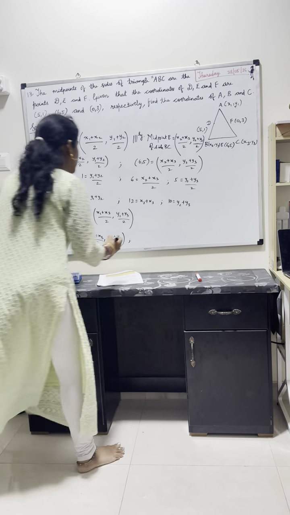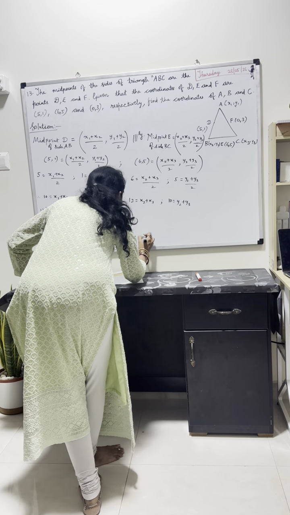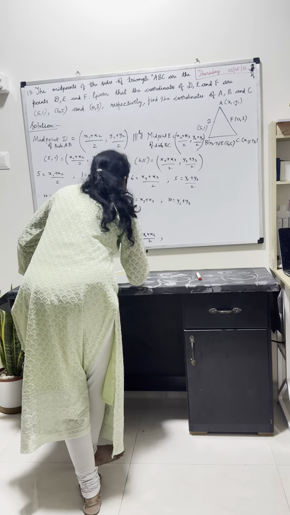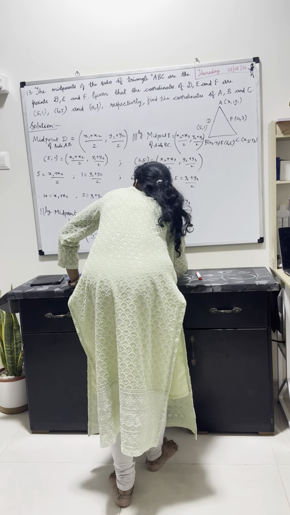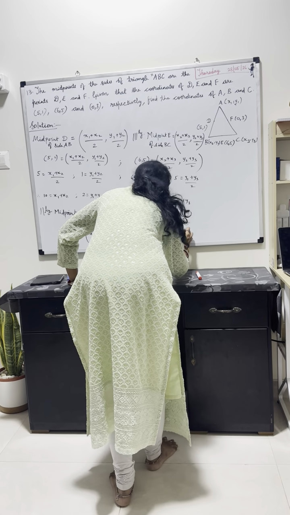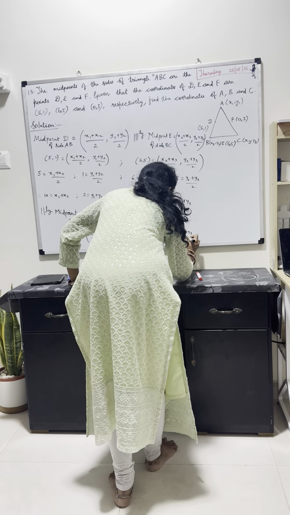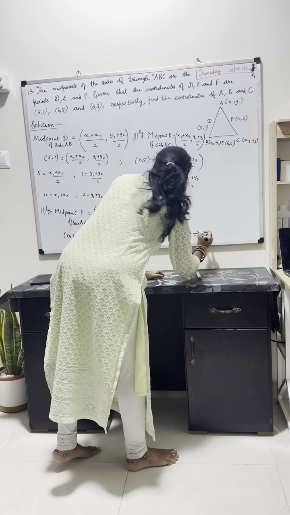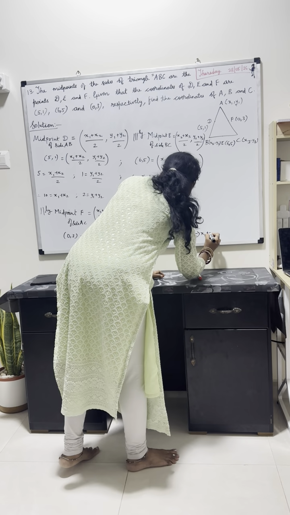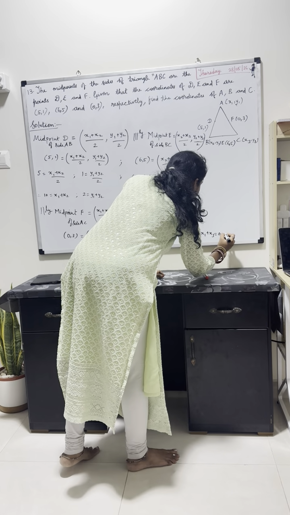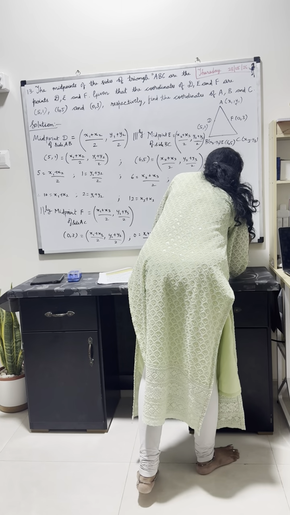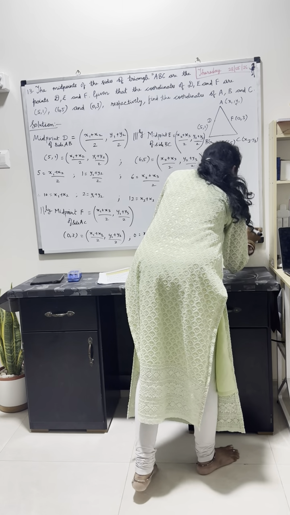So this is nothing but 0 is equal to x1 plus x3 upon 2 and 3 is equal to y1 plus y3 upon 2. So from here you get these two equations, x1 plus x3 is equal to 0 and y1 plus y3 is equal to 6.